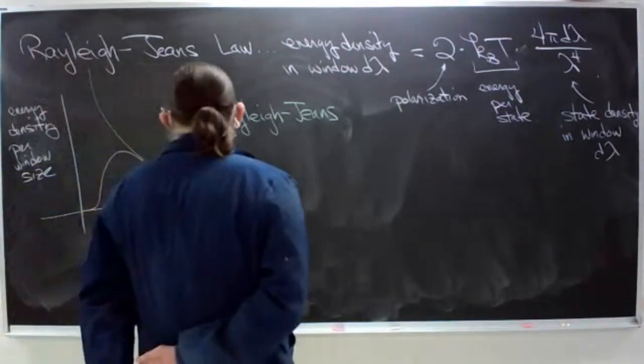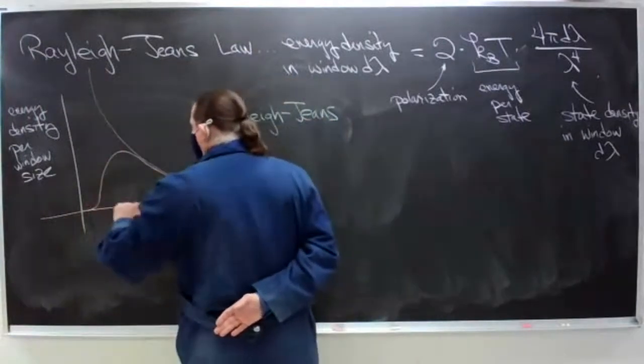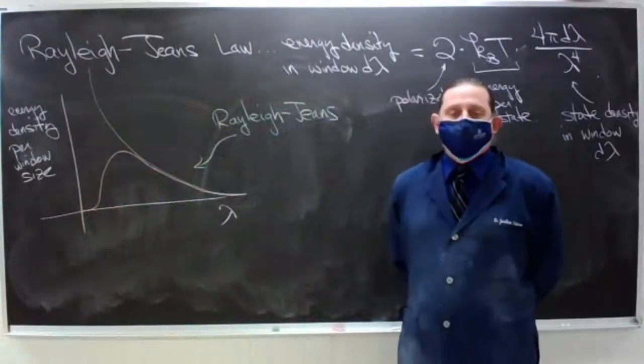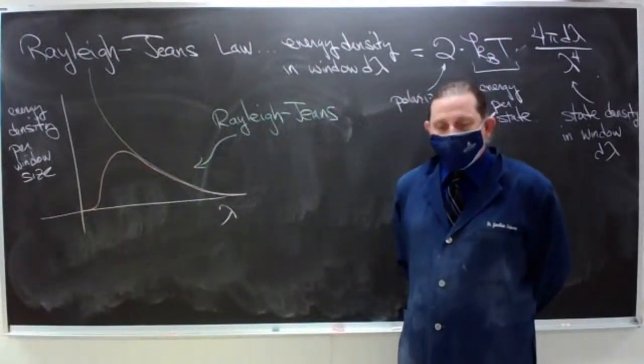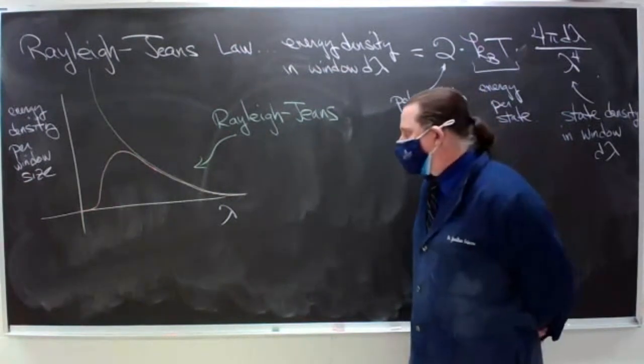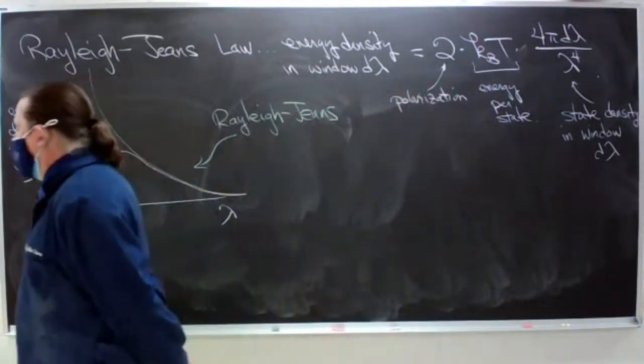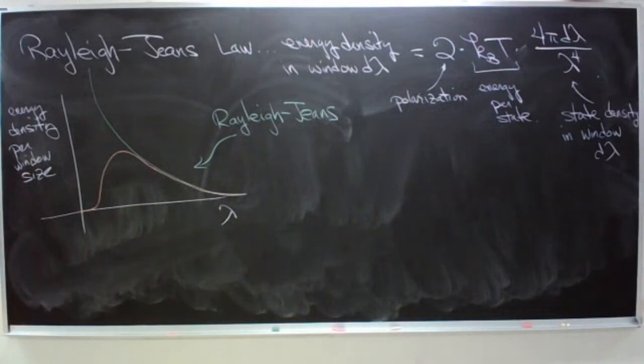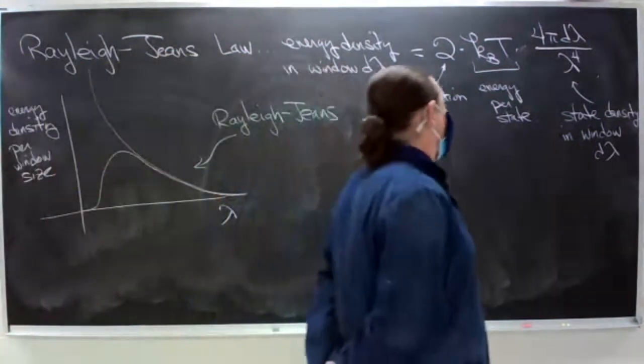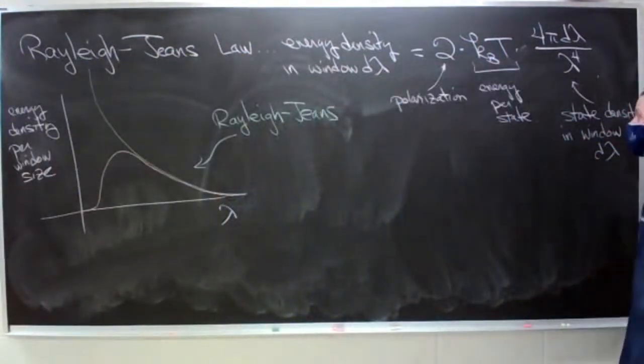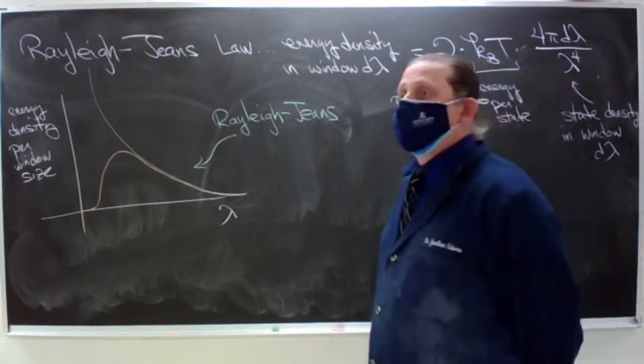Okay? Goes down quite steeply to 0 for small wavelengths. All right? So clearly, the physical world does not satisfy this expectation for all wavelengths. This is effectively a large wavelength result.